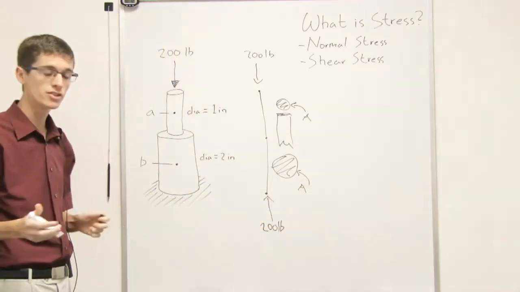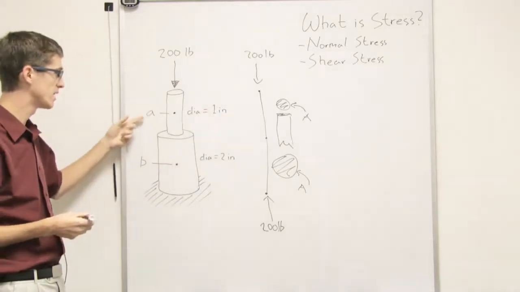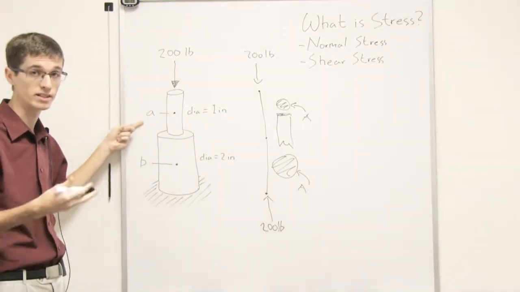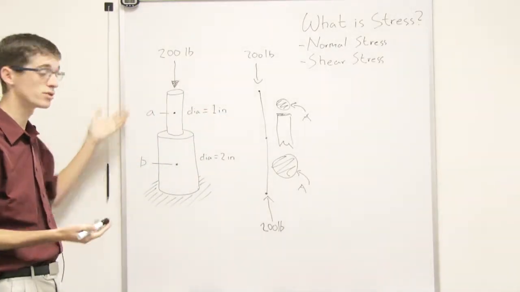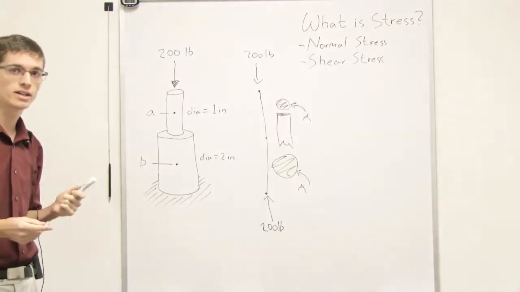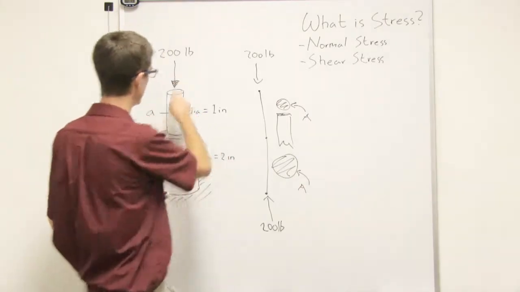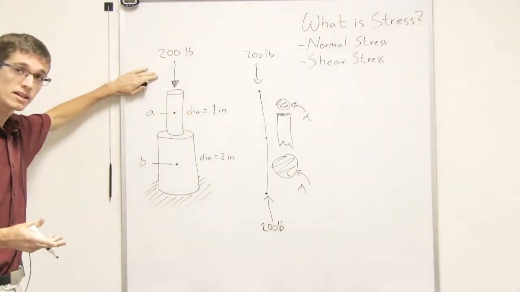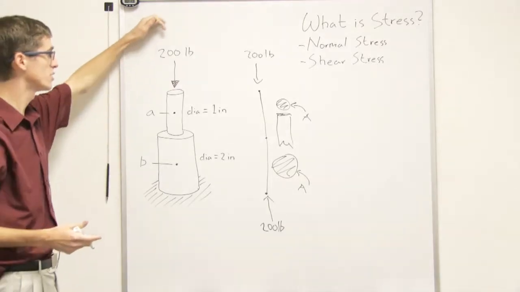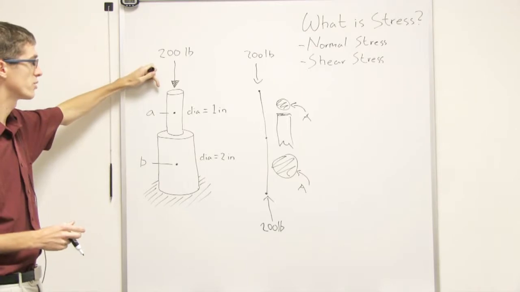Since that area is smaller, it's going to have more stress and it's going to break first if you put enough force on it. The formula to remember for finding stress is for what's called normal stress. Normal stress is when the force goes straight down, perpendicular to the cross-sectional area.